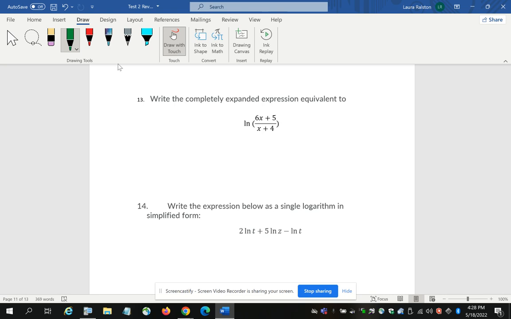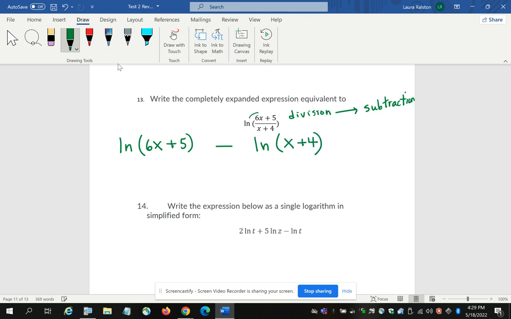So you want to be able to apply those properties. So immediately what I notice here is that I have division, and the property related to division says that division can be rewritten as subtraction. So this would become the natural log of (6x plus 5) minus the natural log of (x plus 4). It's almost like you're distributing.